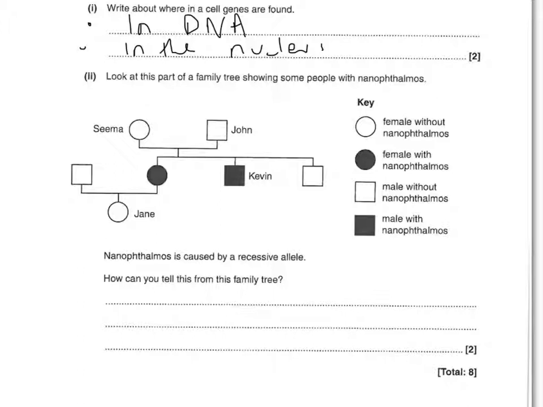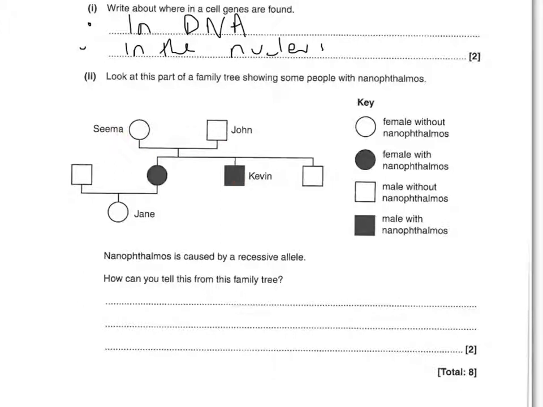So if you have a recessive gene and a dominant gene, then the dominant one will have the effect rather than the recessive one. So this diagram shows that both Seema and John have a dominant gene, which means they don't show this short-sightedness. However, 2 of their kids do, which means that both Seema and John must have given these children the recessive gene that they're carrying.